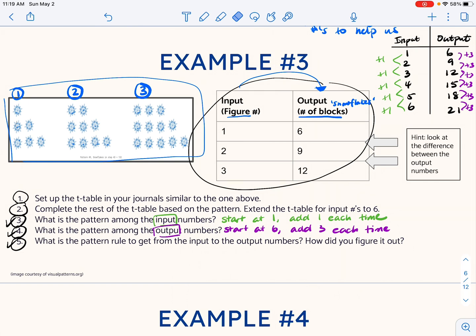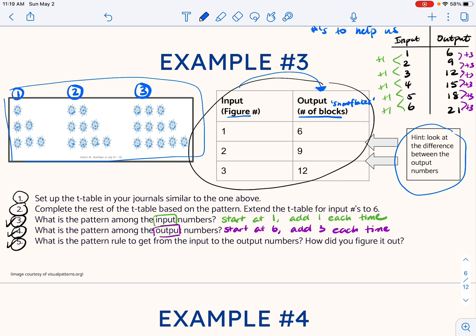Okay, so in any case, what is the pattern rule to get from the input to the output? Again, this hint here, we're going to look at the difference between the output numbers. Most likely, we're going to multiply, and then we're going to do another operation as well.